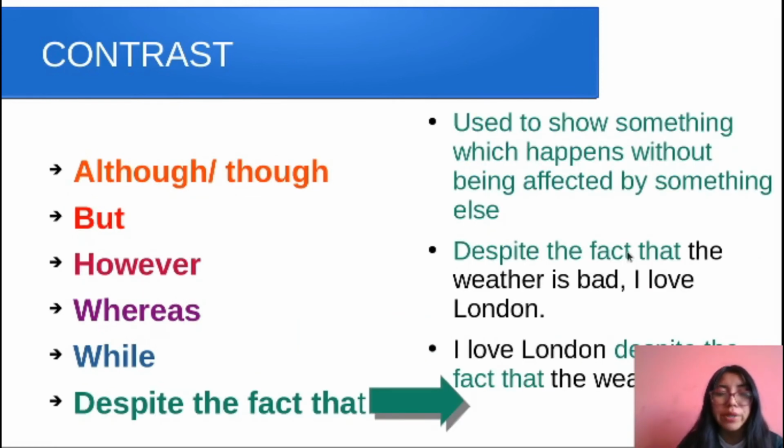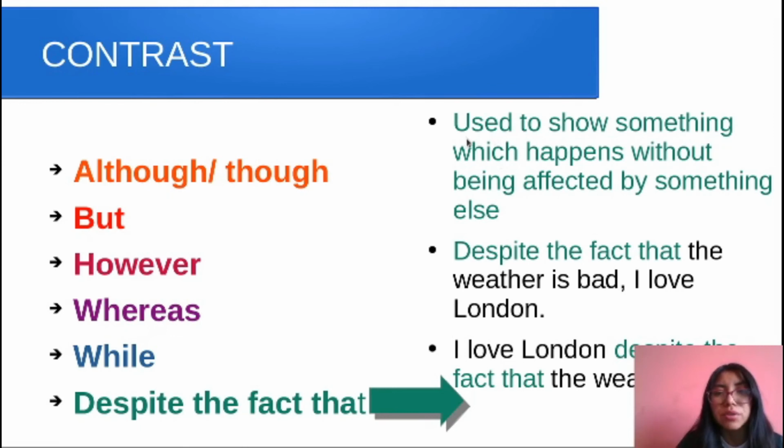Okay. And we are going to see the last connector, despite the fact that. Remember, this connector is more formal. It means you can find it in academic writings, okay, or in essays, maybe on internet academic pages, okay.